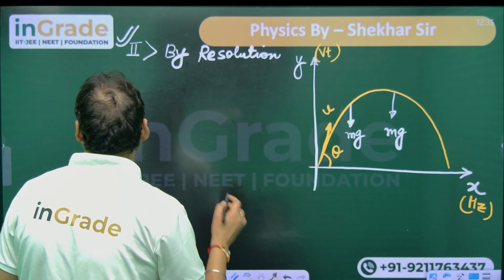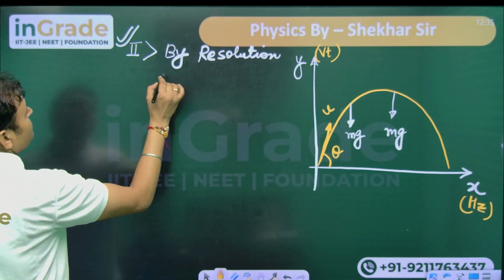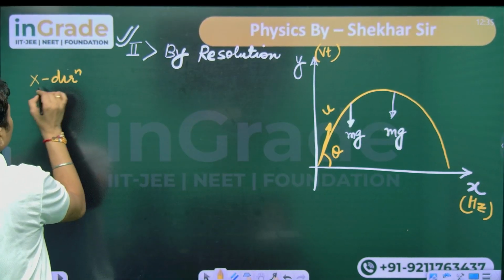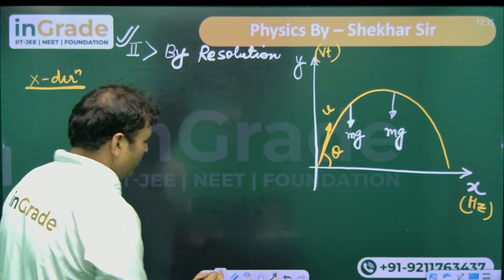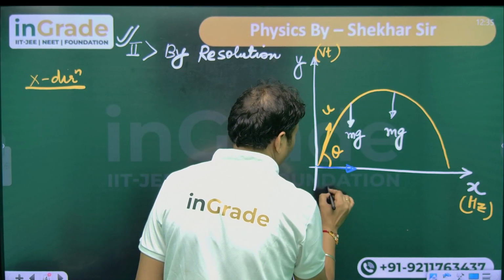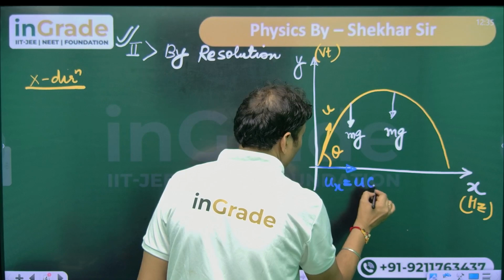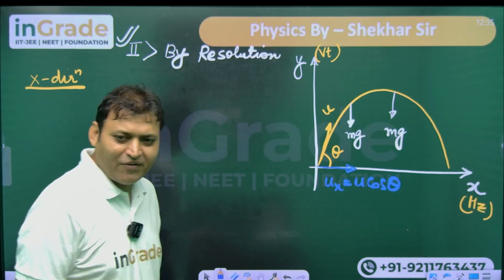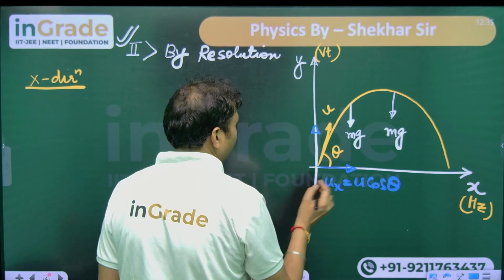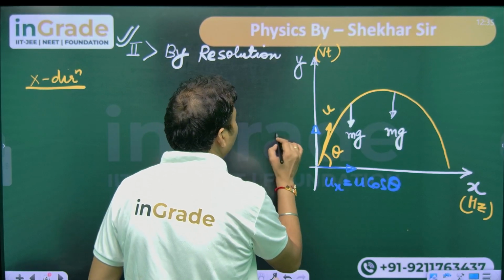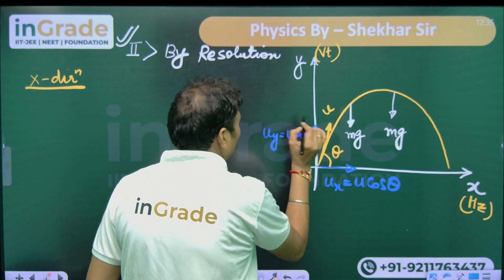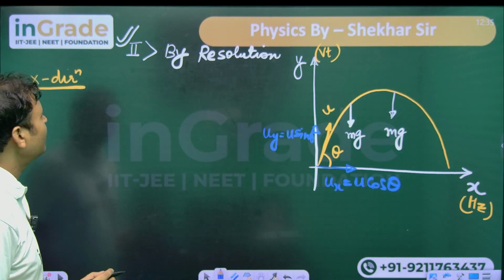Now, if we resolve the motion in x direction, the component of initial velocity in x direction, let me call it ux, is equal to u cos theta by resolving the vector, and the component of initial velocity in y direction, let me call it uy, is equal to u sin theta. These are the components of velocity.